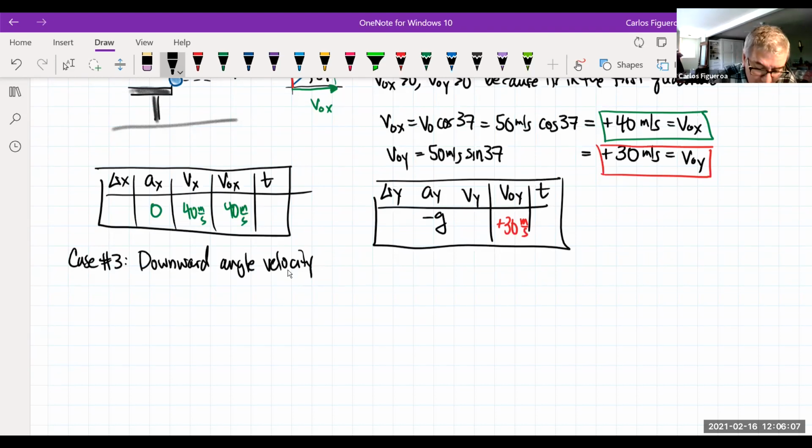Well, in this case here, you could imagine that we have a ball that we're shooting. So when I'm shooting this ball here, this time what I'm going to do here is that I'm going to shoot it in the downward direction. So again, this guy is 50 meters a second. And because of the way I'm setting up my coordinate system, I'm going to choose the same angle as 37 degrees this time.